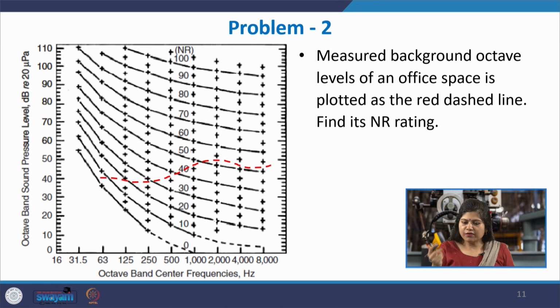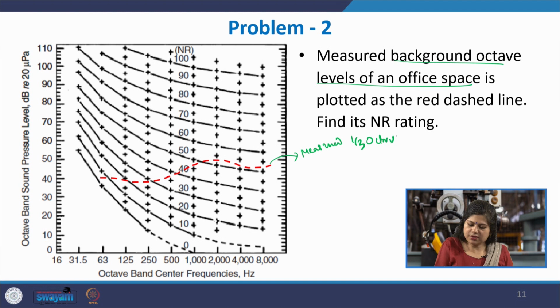Here also we are given the background octave noise level of a particular office space, a different kind of graph. This is the measured 1/3 octave levels of a space which is an office space. You have to find what would be its NR rating.